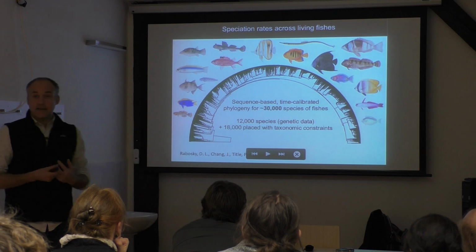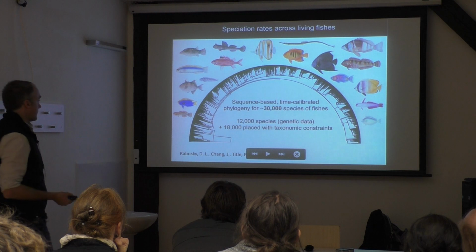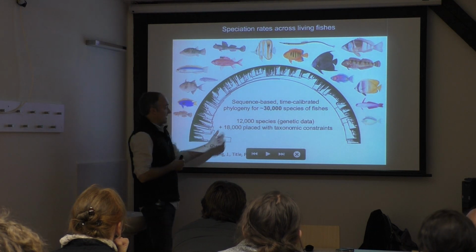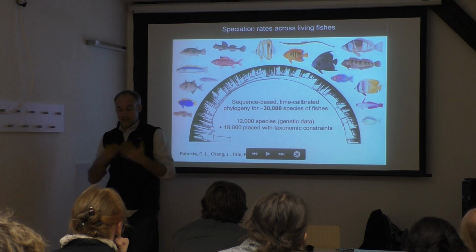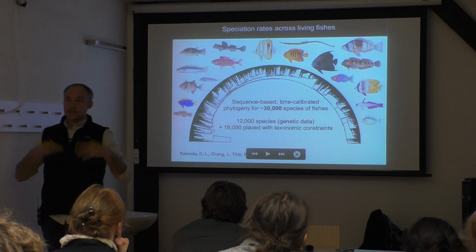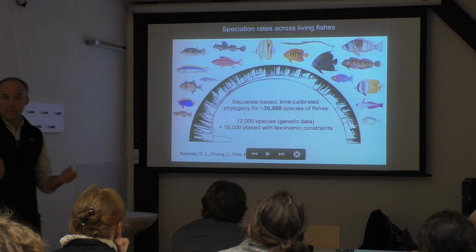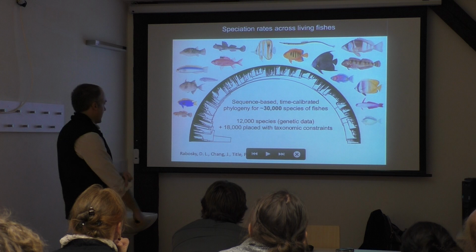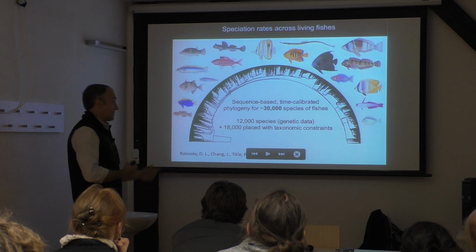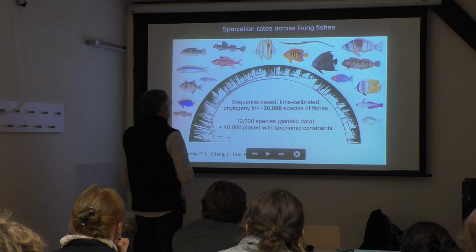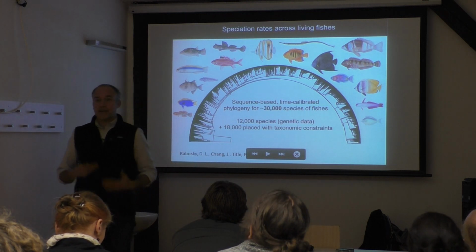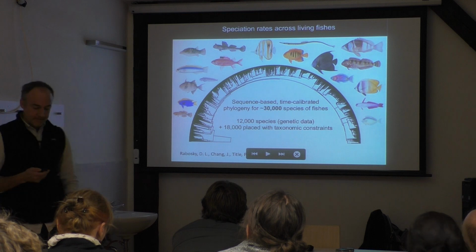The overall phylogeny includes about 12,000 species with genetic data, and then we added the other 18,000 species of living fishes into that tree using a special method for placing unresolved taxa using taxonomic constraints. It's a conservative way of putting them on the tree that lets us account for some biases in how we estimate rates of speciation from the data set.